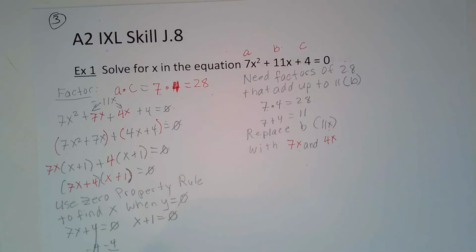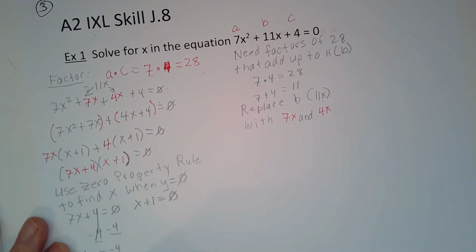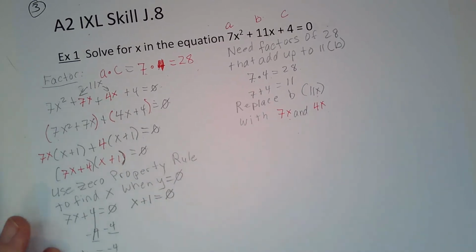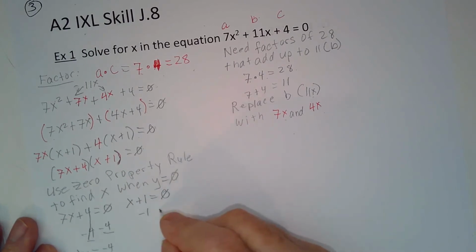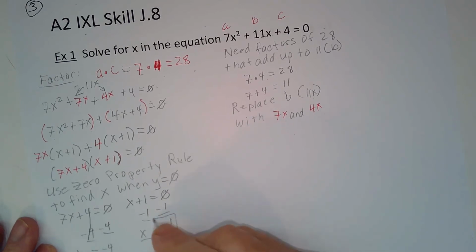So x equals negative 4 over 7. So that's our first solution. And then x plus 1 equals 0. This one's easy. We just subtract 1 from both sides, and we get x equals negative 1. So that's our other solution.